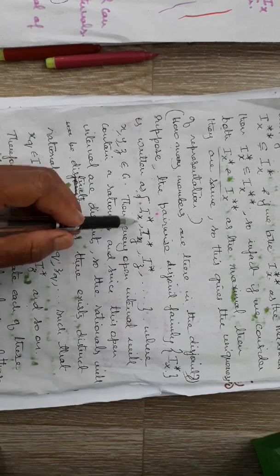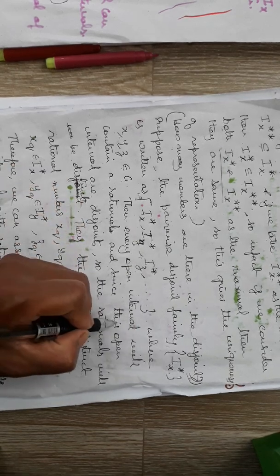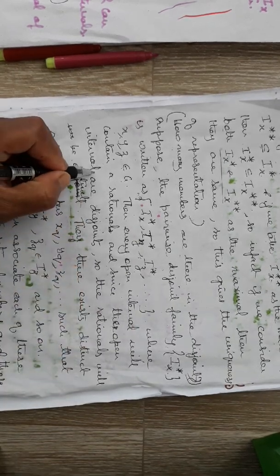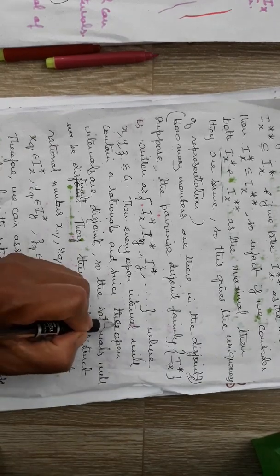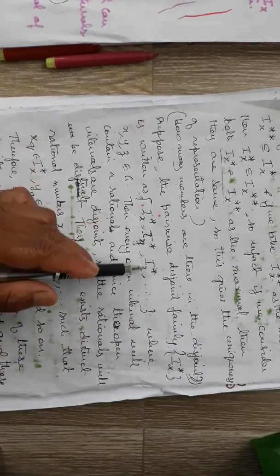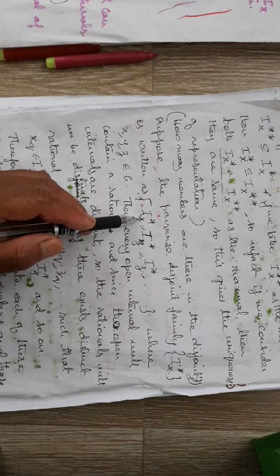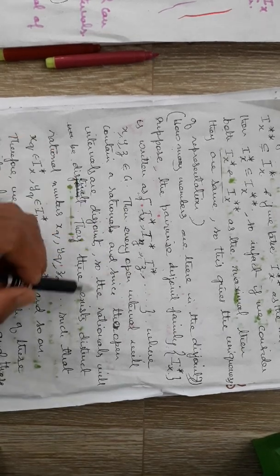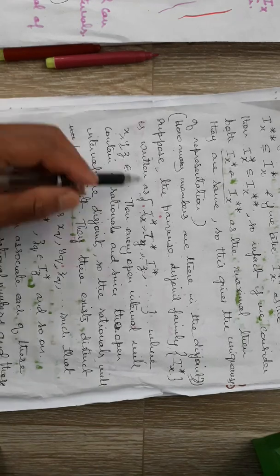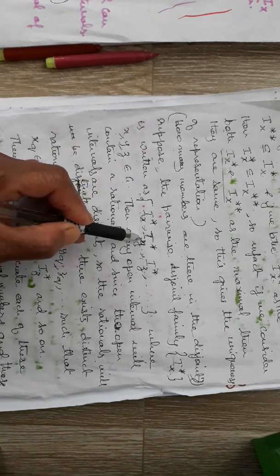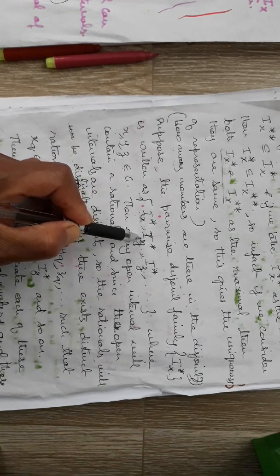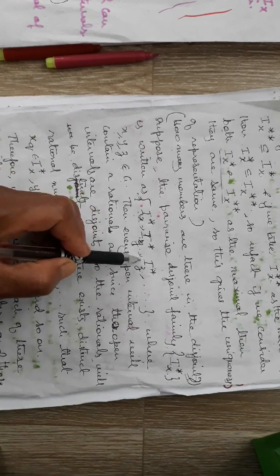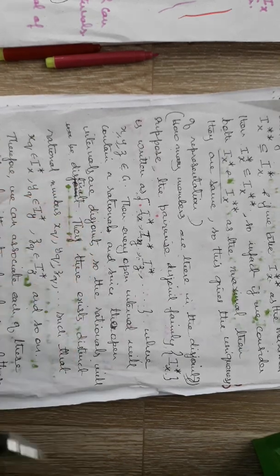And since these open intervals are disjoint, meaning no two of them have a common element, the rational numbers which belong to one will be distinct from the rational numbers which belong to another, and so on.